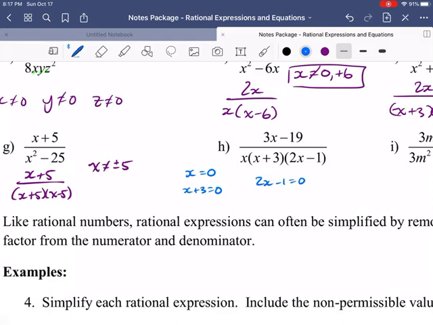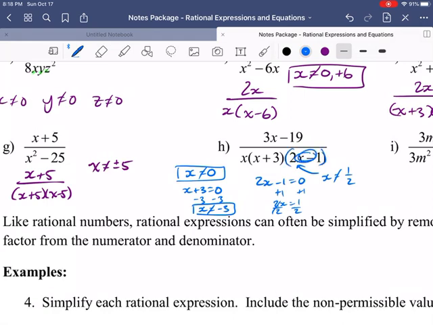Well, the first one is already solved for x, so that means x cannot equal 0. In this example, if we subtract 3, we'll get x equaling negative 3, so that means x cannot equal negative 3. And in the last one, you will get x equals 1/2, which means if you put half in there, this term will equal 0.